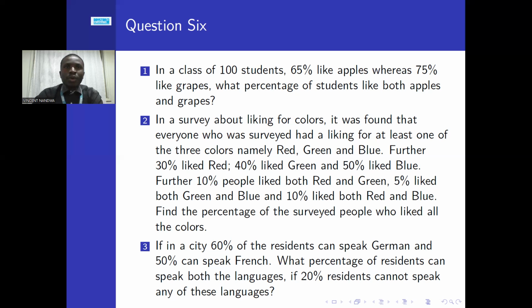So in 1, when you draw the Venn diagram or when you start to interpret the question, note that the 100 is the same as the cardinality of the union of the two sets involving apples and grapes. But in 3, it's very clear that outside the two sets, for those who speak German and those who speak French, you have 20%. So let's demonstrate clearly how we solve this.